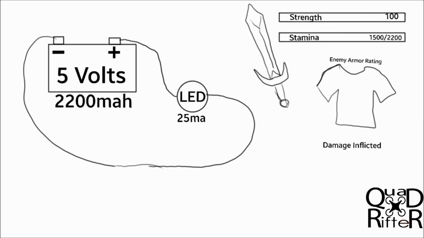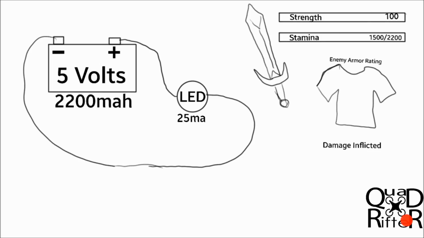If you want to find out how long this battery will last under this load, you can basically do 2200 divided by 25. And theoretically, this small LED on a 2200 milliamp hour 5 volt battery could last 88 hours.